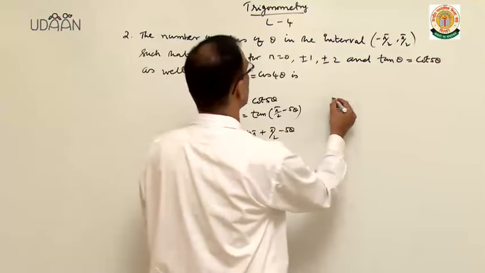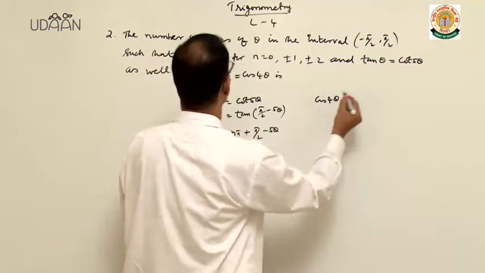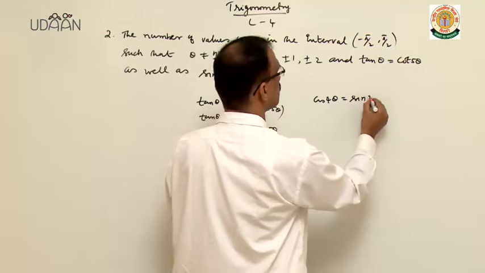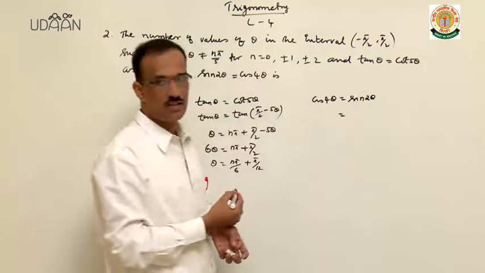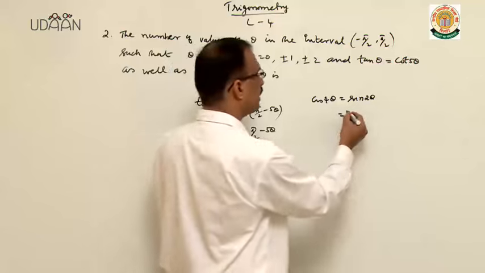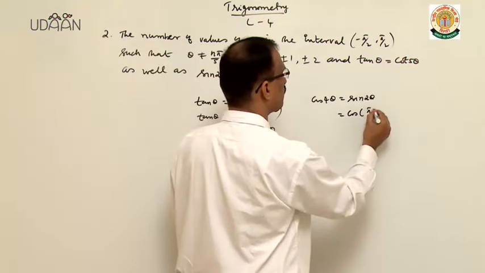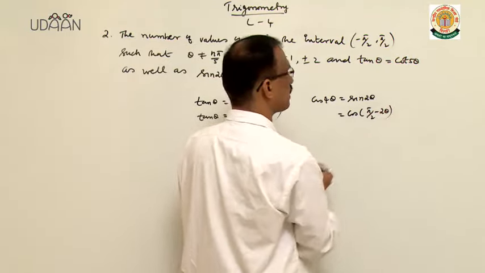Similarly, the other one given, cos 4θ = sin 2θ. This sin 2θ can be written again as cos(π/2 − 2θ).